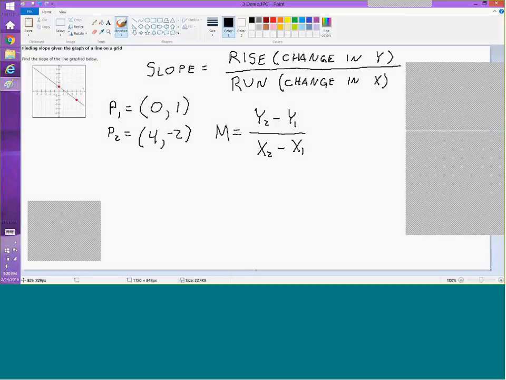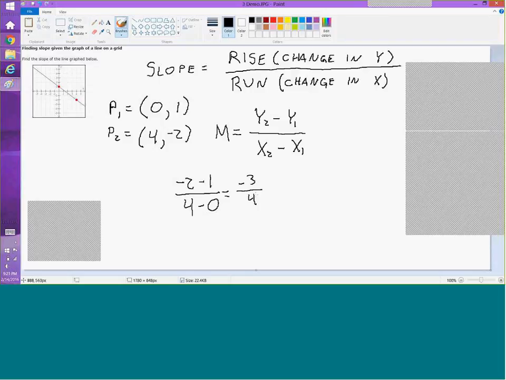Slope, which we designate with an m. Y2 is the y value from our point 2, negative 2, minus the y from our point 1, which is 1. And the x value from number 2, which is 4, minus the value from our first point, 0. Negative 2 minus 1 is negative 3, and this is 4.